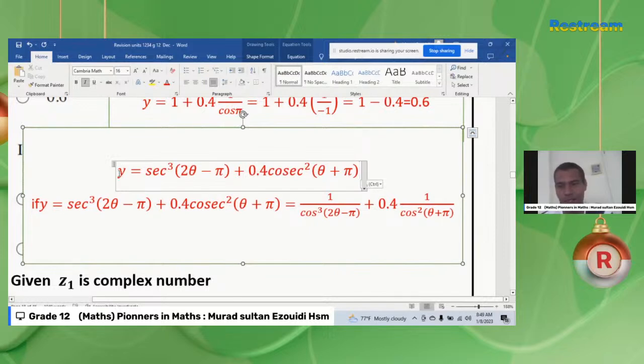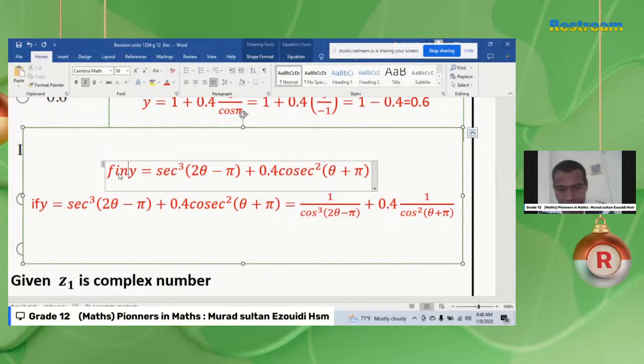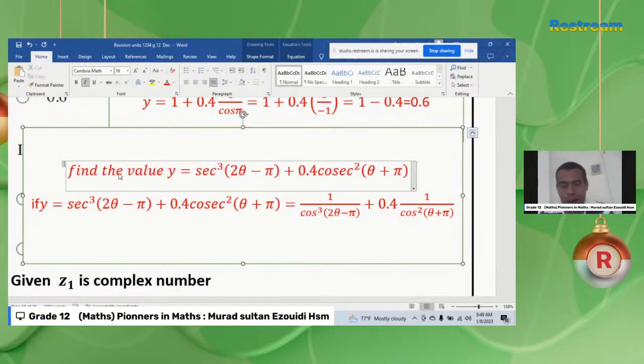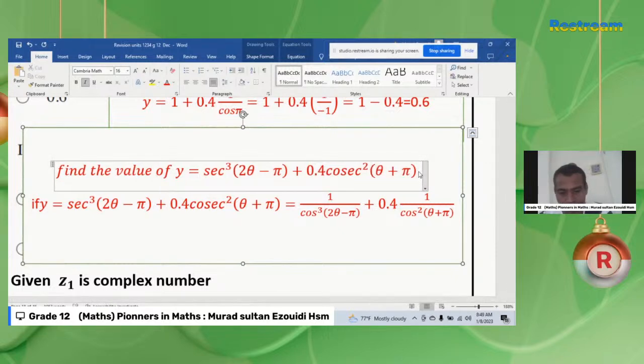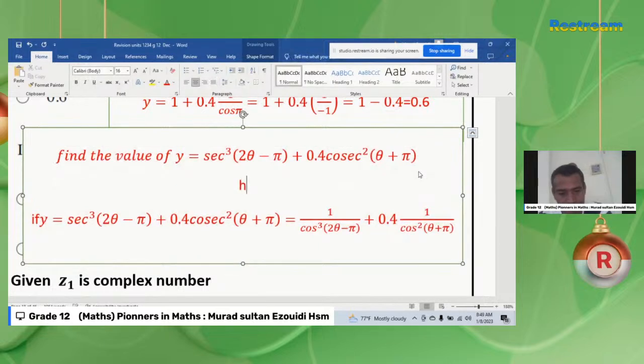Find the value of y when theta is equal to, for example, I'll just use this one.